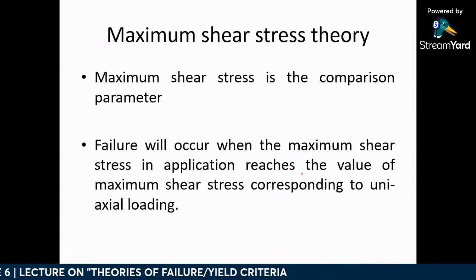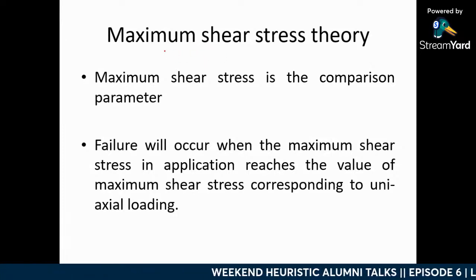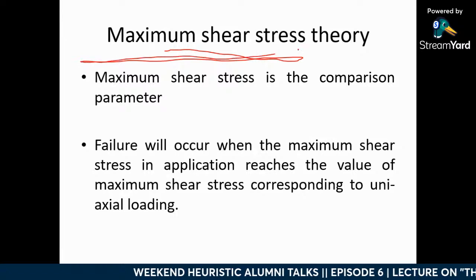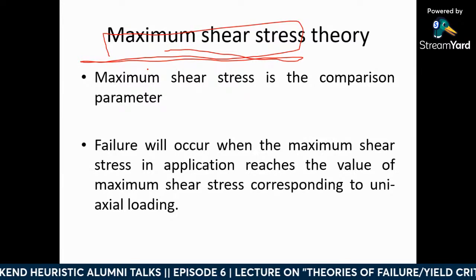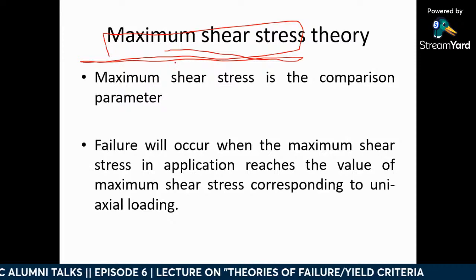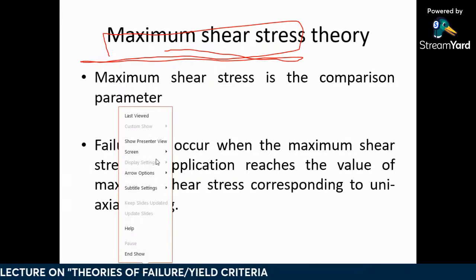Again, it is also the same. What is the only difference you observe here? The parameter is changing, that's it. Earlier you used the maximum principal stress. Now you are using the maximum shear stress to judge whether it is a successful design or a failure design. So again, it is the same. You take the specimen to your laboratory and perform a uniaxial tensile test.